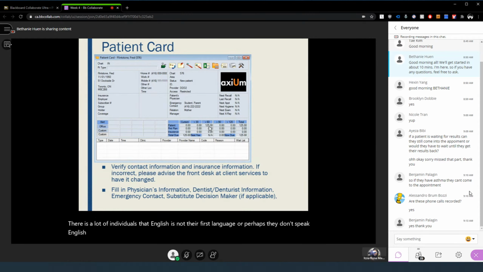A lot of first generation immigrants might not have a very good grasp of the English language, maybe came here when they were a little bit older, but their children speak English. So you might be communicating more with their children than with them, but that would need to be documented in the consent form.